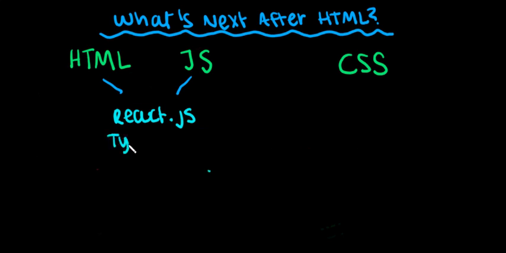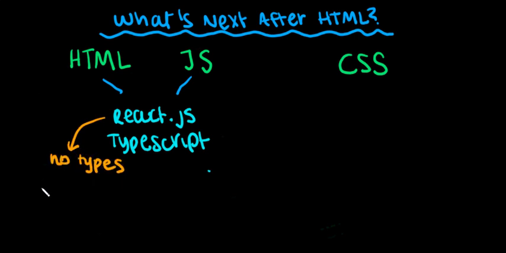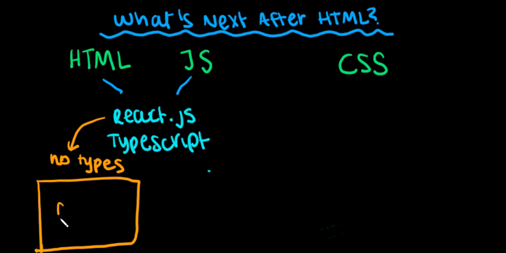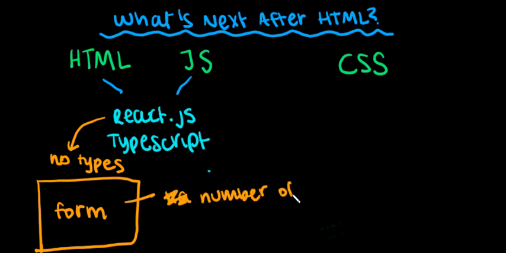Next up, we have TypeScript. And TypeScript integrates types, as you can probably tell from the title. So this has no types. If you were to have, let's say, a form, and one of the questions is how many pets do you have? Number of pets. They can input a string, and you probably would use the input to make sure that they don't.